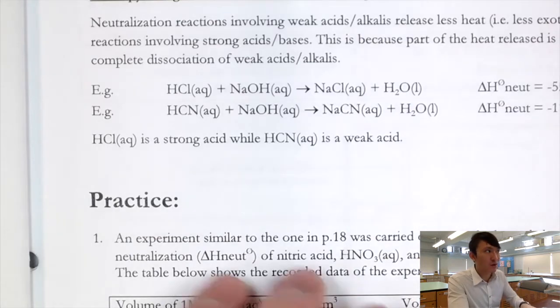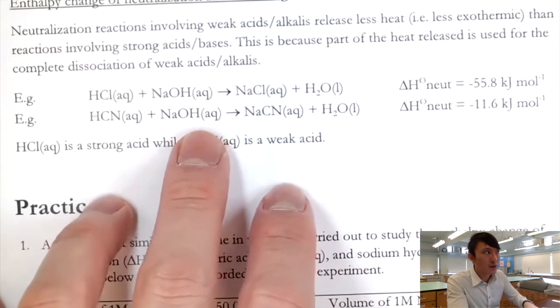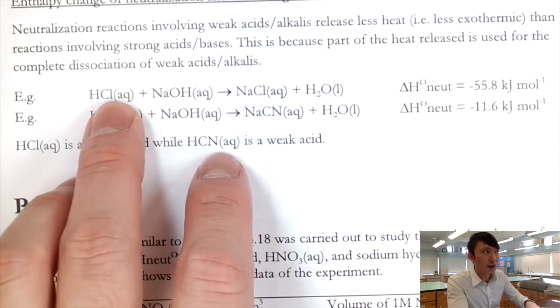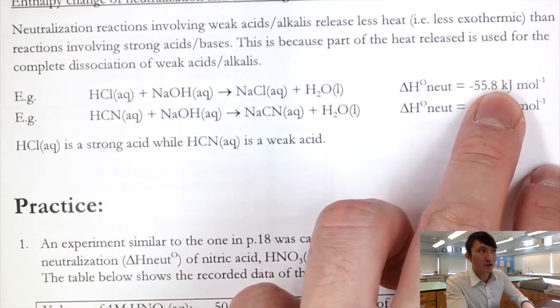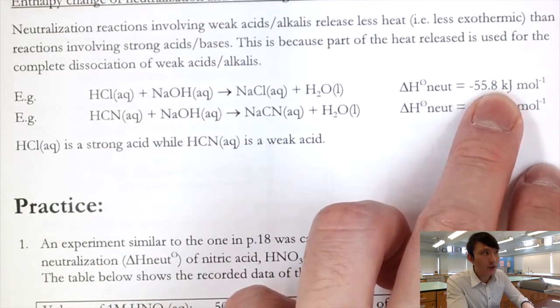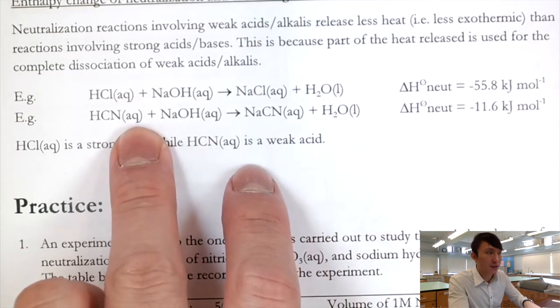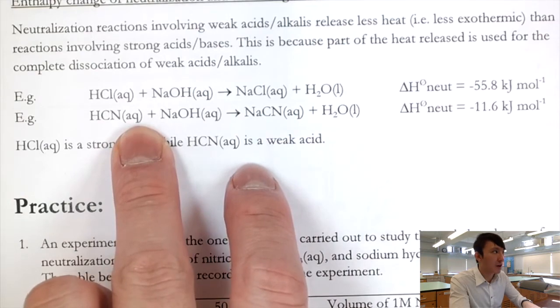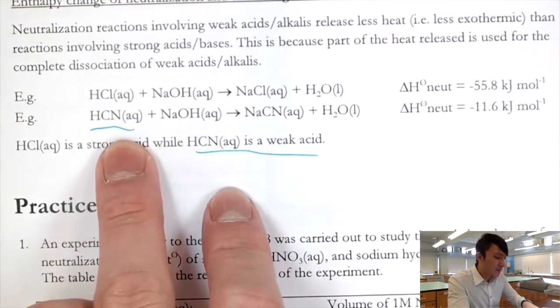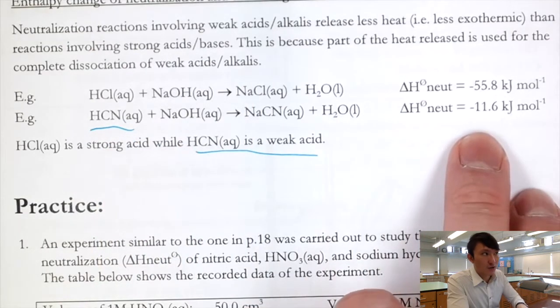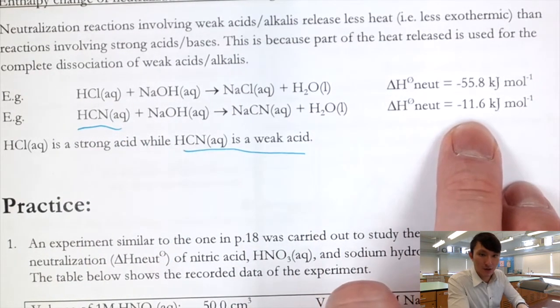If you look at these two examples, the first one is a strong acid with a strong alkaline, and the standard enthalpy change of neutralization is 50 something. But if you use HCN, which is known to be a weak acid, then you notice that the standard enthalpy change of neutralization is much less exothermic.